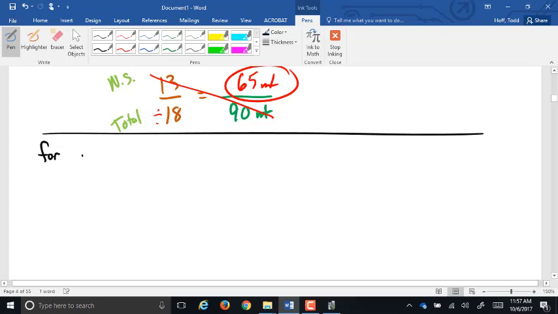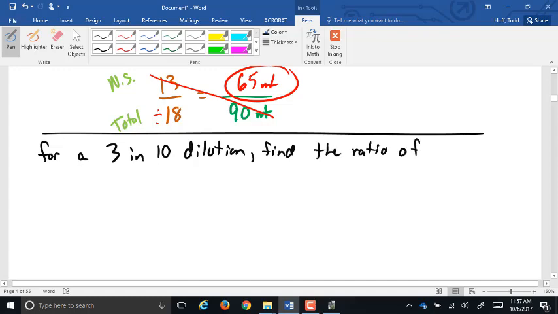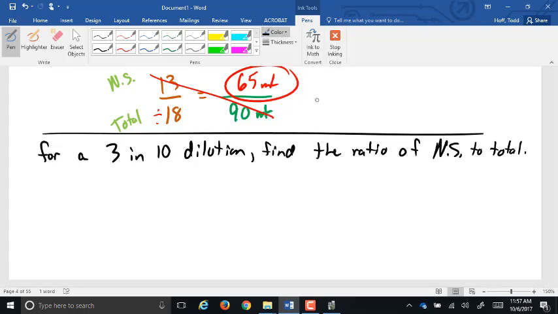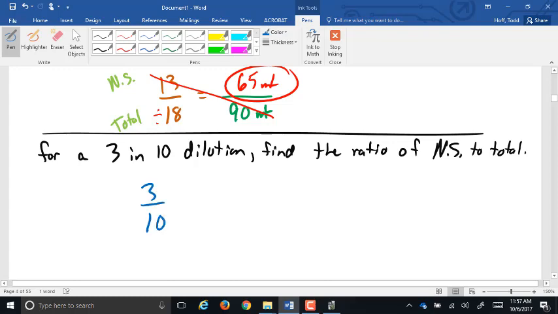So for a 3 in 10 dilution, find the ratio of saline to total. So a 3 in 10 dilution is 3 in 10.